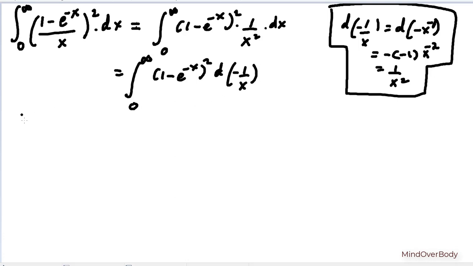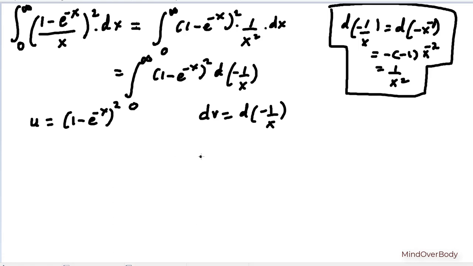Now I would like to take the UV method. So I'm taking u to be (1 − e^(−x))² and dv to be d of (−1/x). Differentiating this would give me 2 times (1 − e^(−x)) multiplied with the differentiation of 1, which is 0, minus the differentiation of e^(−x), which gives negative 1 times e^(−x) dx.